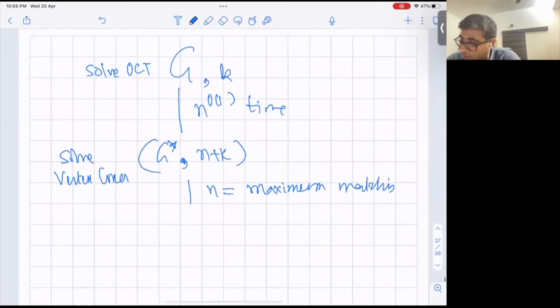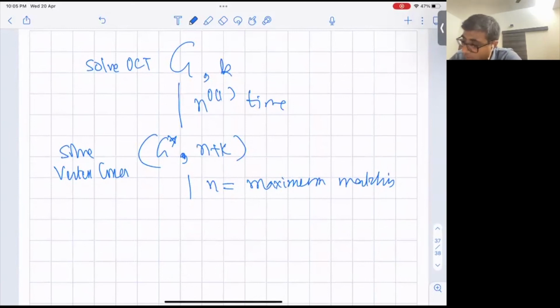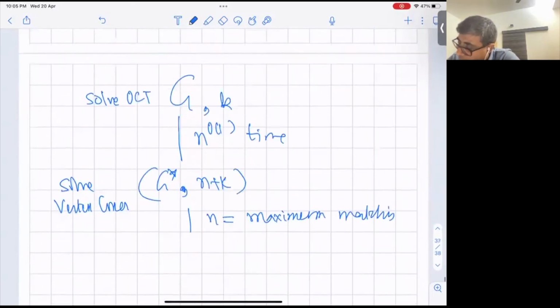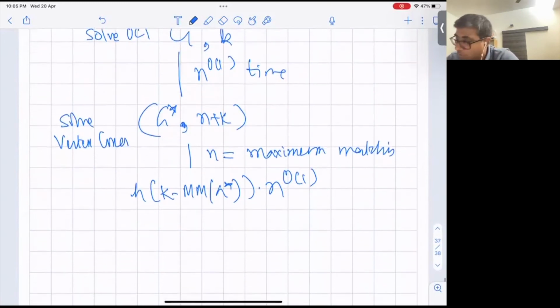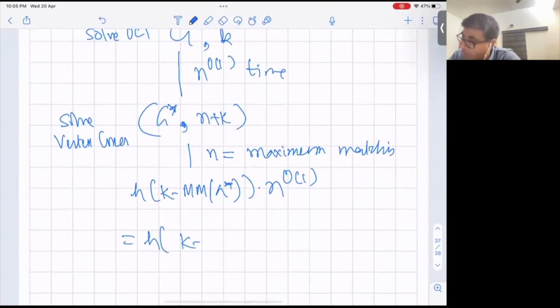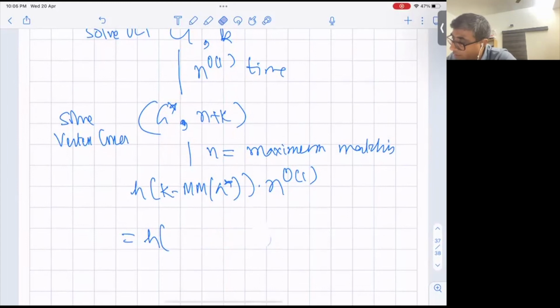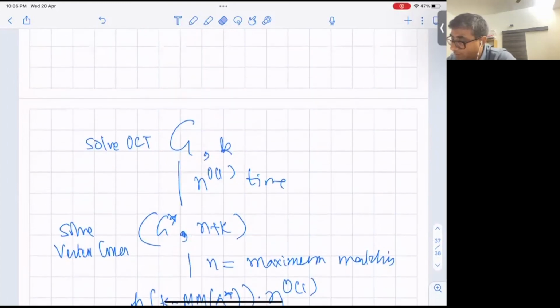Now I will run this algorithm, which runs in time h of k minus maximum matching of G star times n to the power big O of 1, which is equal to h of k, n plus k. Okay, so I think there are far too many k's.